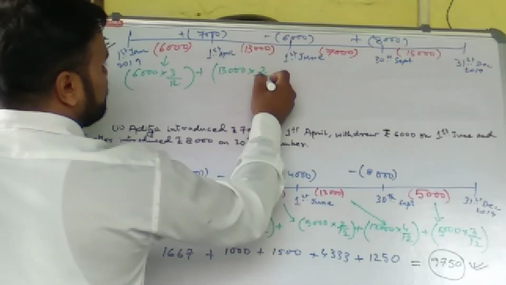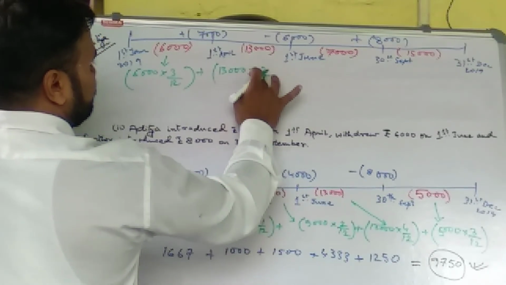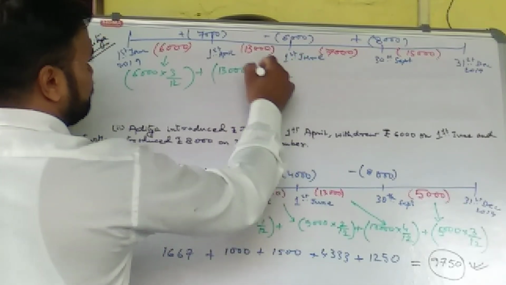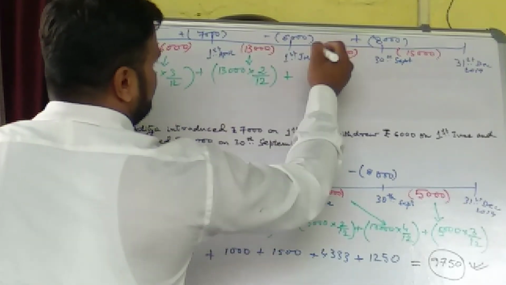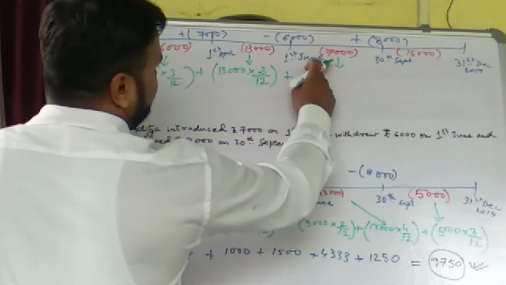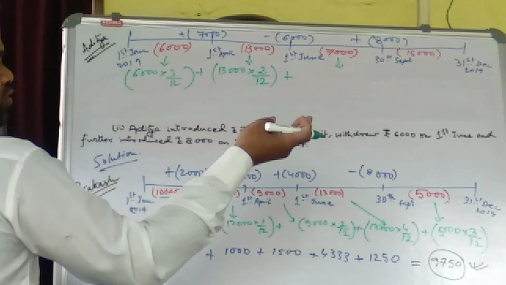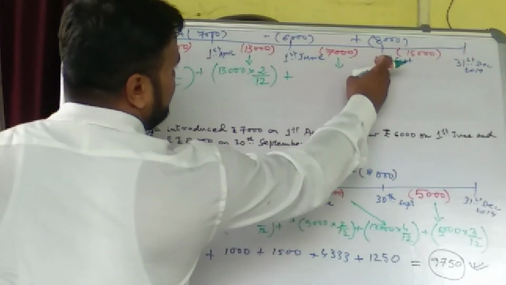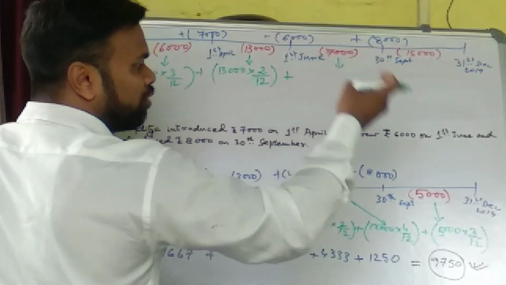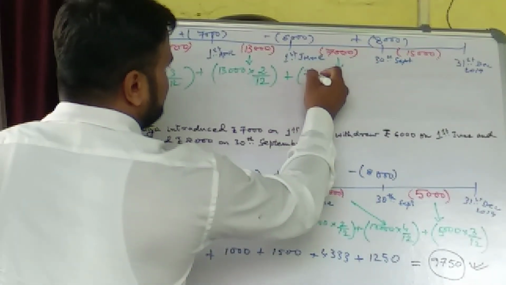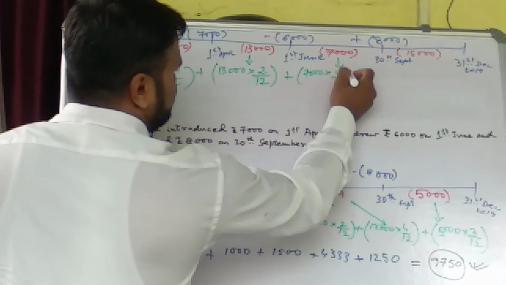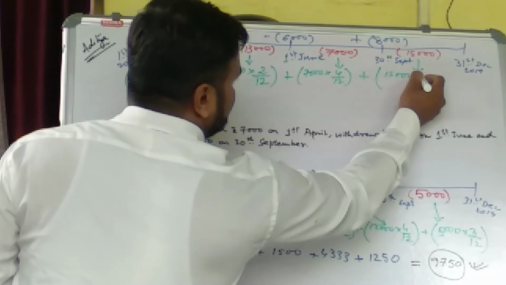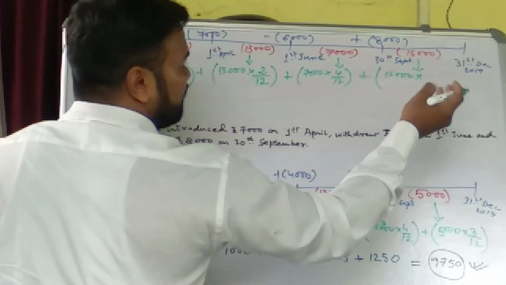So only 2 months. Next, 7,000 for June to September, June, July, August, September. We'll count September because on the last date of September he is adding more capital. So 7,000 was used for 4 months. And lastly, 15,000 for October, November and December, 3 months.